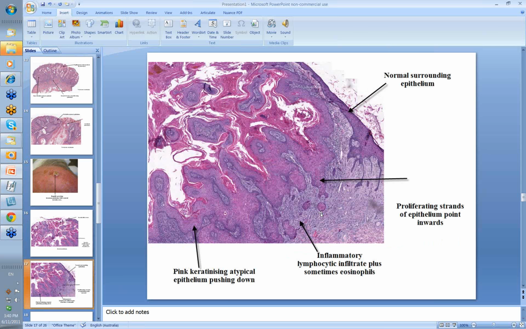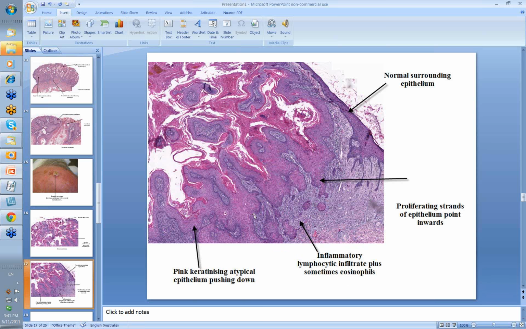Because when you look at the base, generally, again, you have rounded basal areas, and they tend to point in the way, as if they're all going to meet at a central point down here. So these proliferating strands of epithelium point inwards.